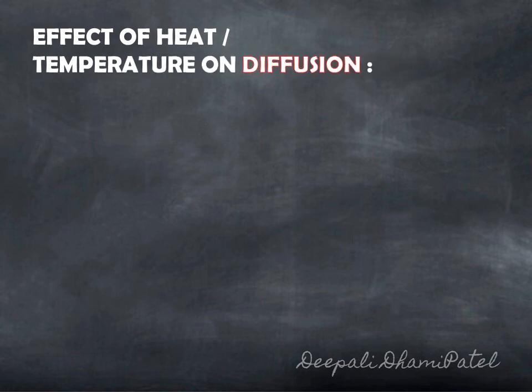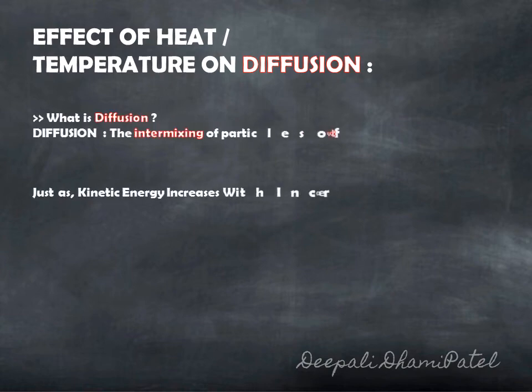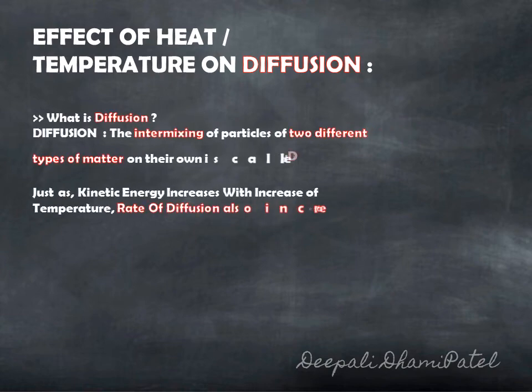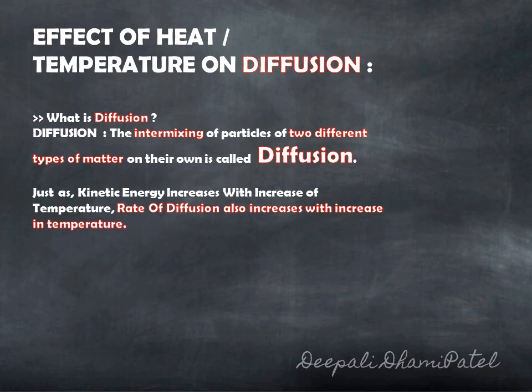Now let us see effect of heat and temperature on diffusion. What is diffusion? Diffusion is the intermixing of particles of two different types of matter on their own. Did you all see this illustration in the previous slide? Yes.